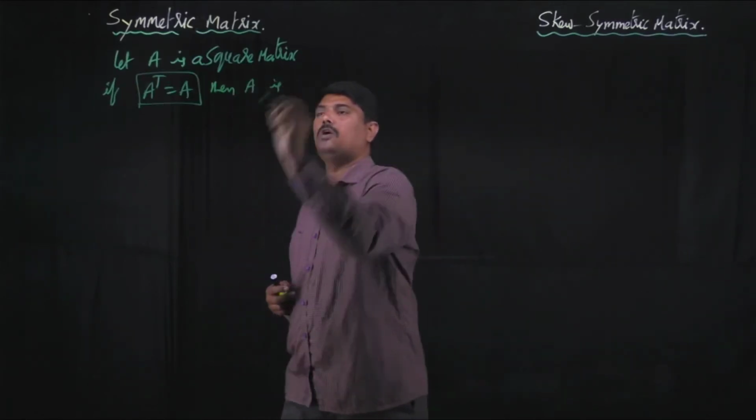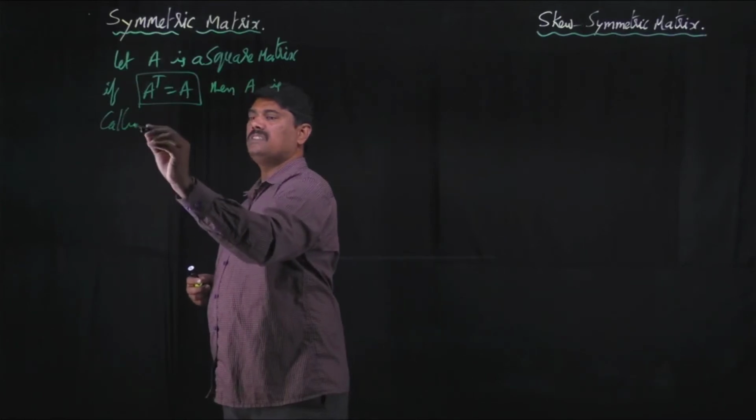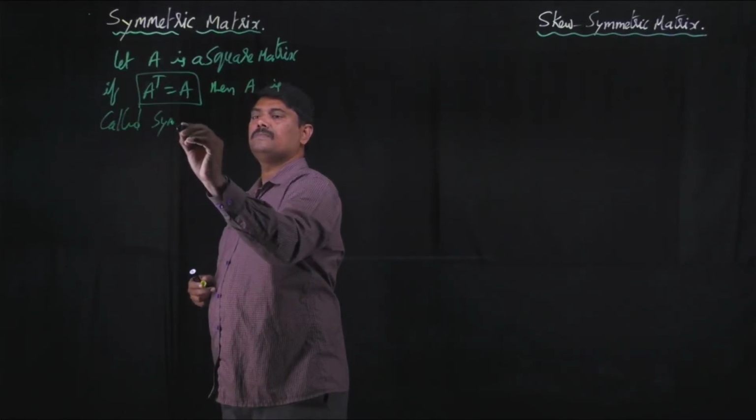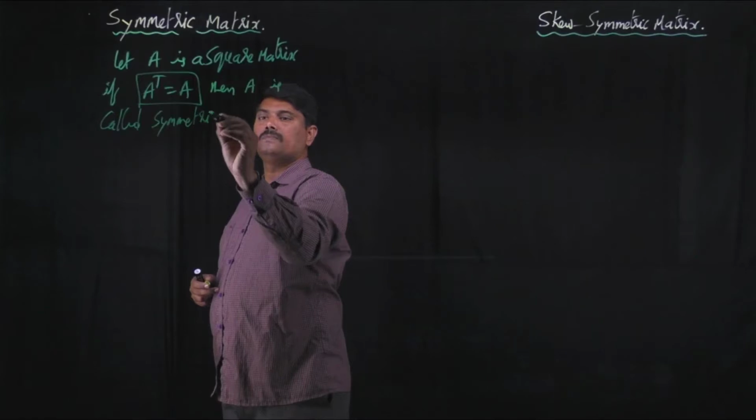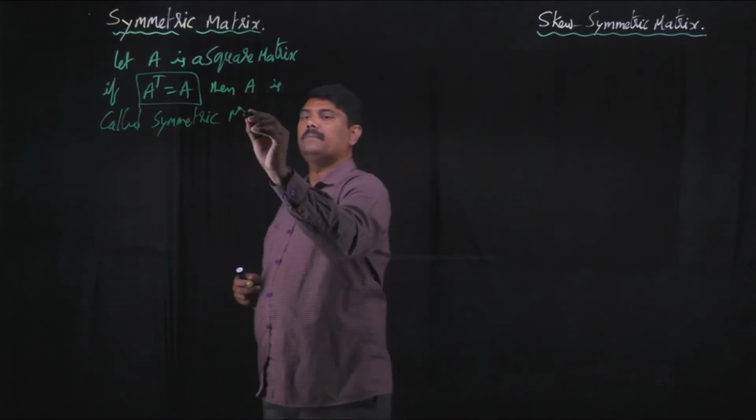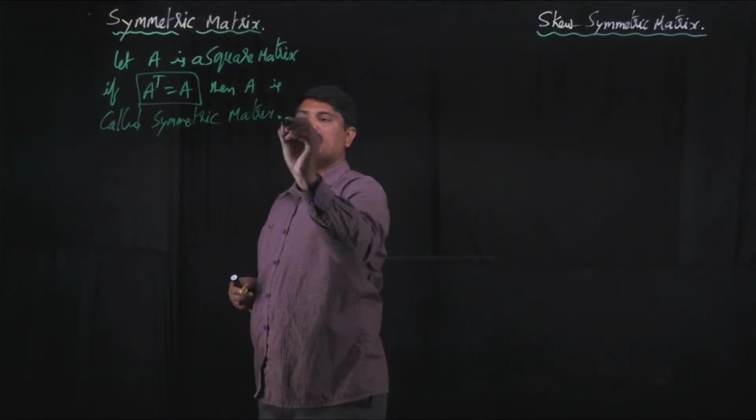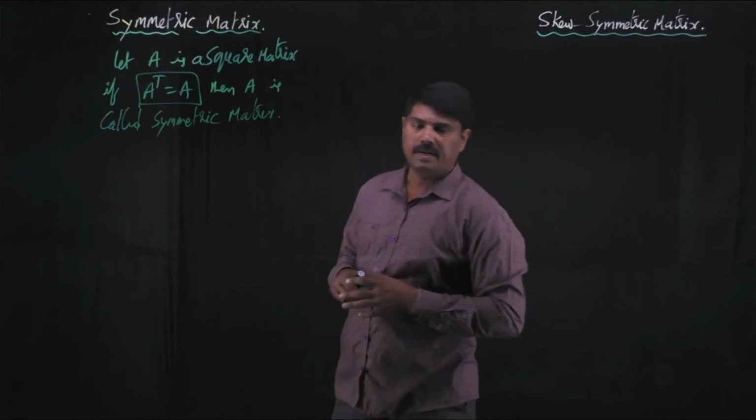Then A is called a symmetric matrix. So that is the definition of a symmetric matrix.